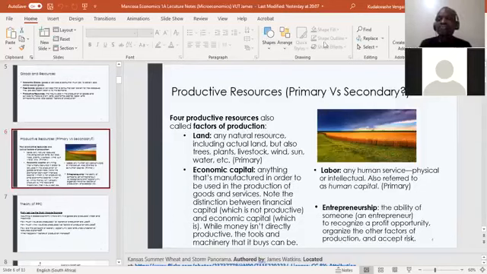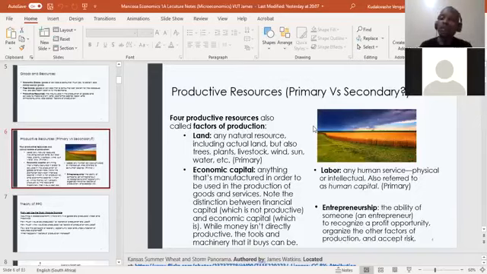The next primary factor of production is labor. Labor basically encompasses 2 things. Number 1, the physical ability of individuals to work, that is your ability to lift things and move things around. And the intellectual capacity of people.